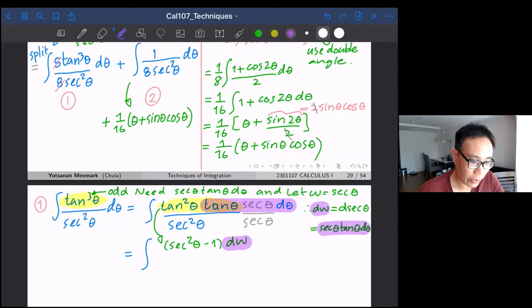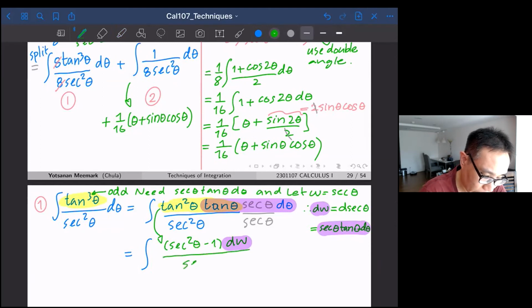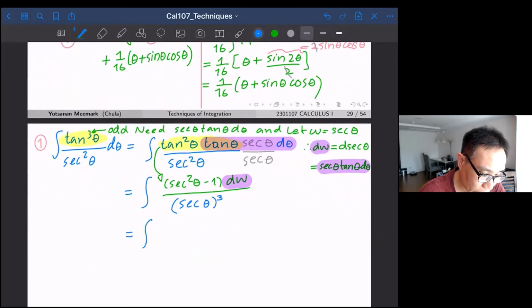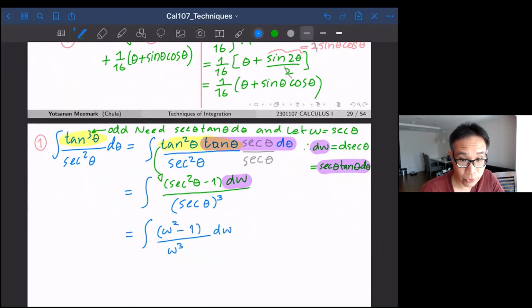So d of sec is sec theta tan theta, and on the bottom you would get sec to the third. So you have sec theta to the third, and you just have a polynomial: w square minus 1 over w to the third dw.